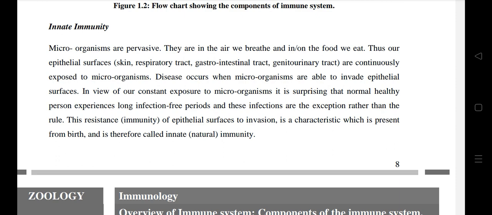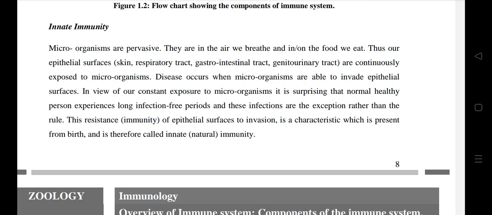Microorganisms are pervasive. They are in the air we breathe and on the food we eat. Our epithelial surfaces like skin, respiratory tract, gastrointestinal tract, genitourinary tract are continuously exposed to microorganisms. Diseases occur when microorganisms are able to invade epithelial surfaces.